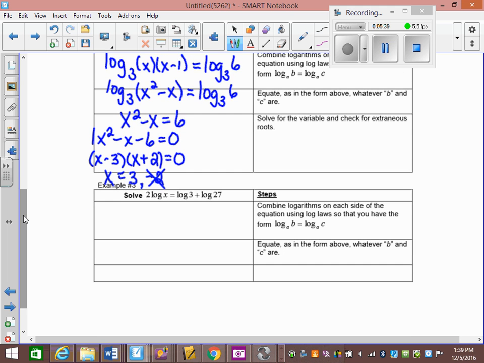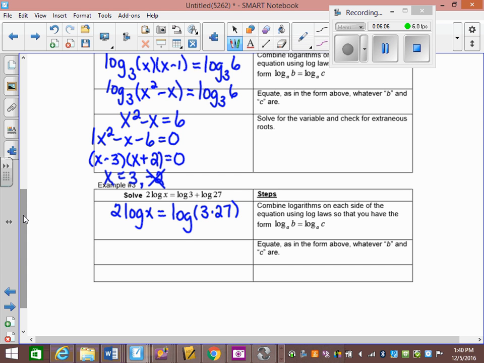What's my biggest issue with this one? How is it different than the other one? There's a 2 in front. And you can't have a 2 in front and say that they're the same. So if you did do this, say you went 2 log x equals log base 3 times 27, and you tried telling me right now that x equaled 3 times 27, which is 81.